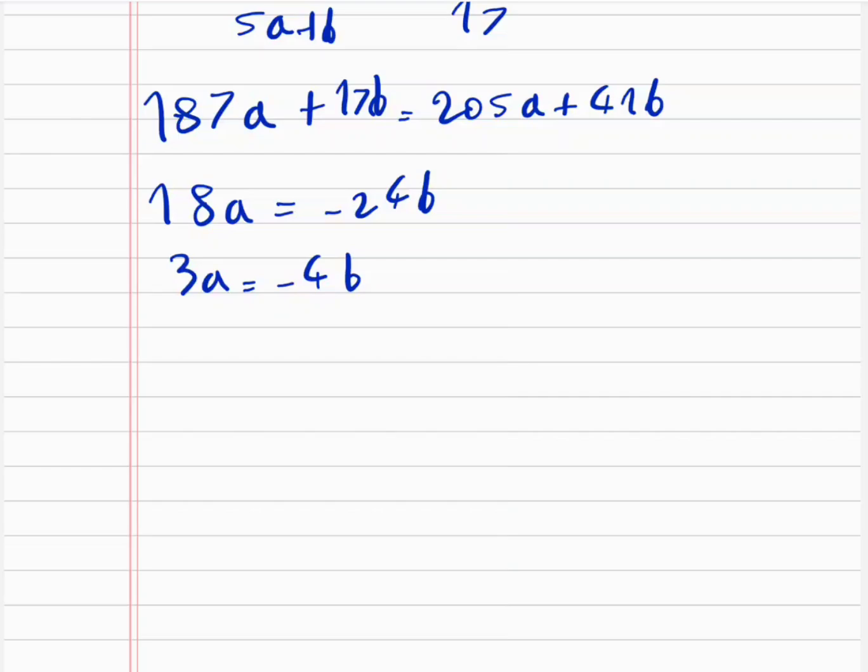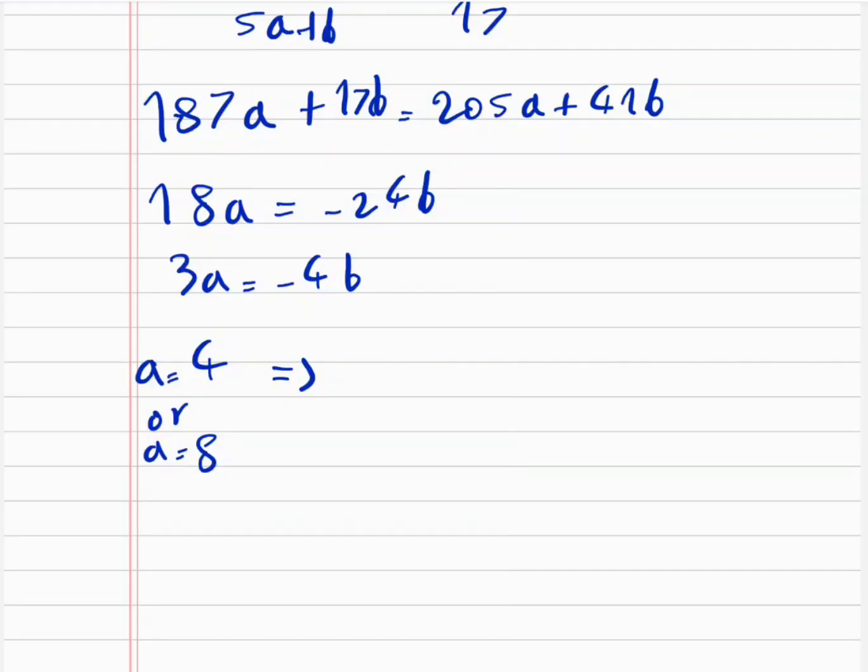Now there are only two possible values for a between 0 and 10 that are multiples of 4. a can be either 4 or 8. These are the only possibilities. Now we can find a value of b for each case.